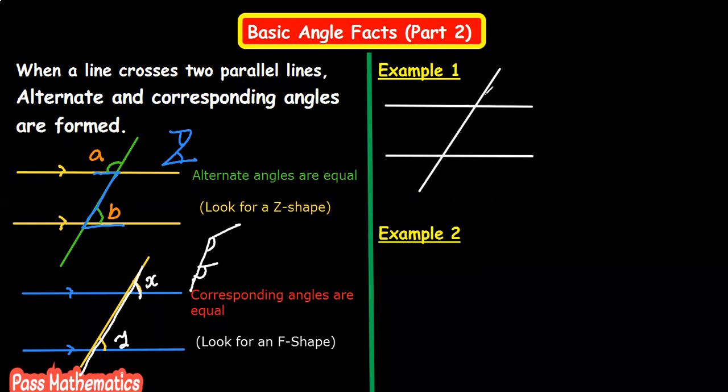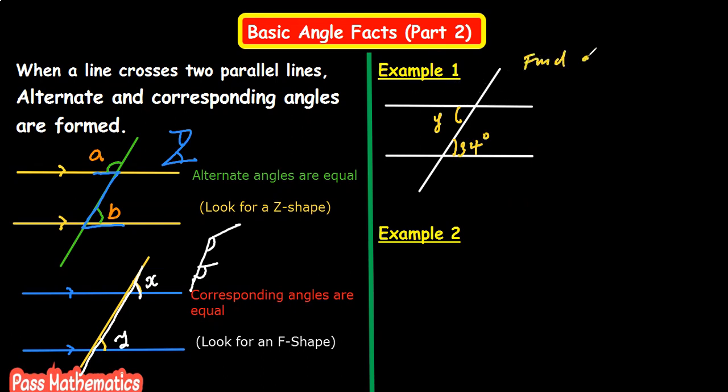So we have an angle here, angle Y is here, and then another angle is here, which let's call this one 34 degrees.